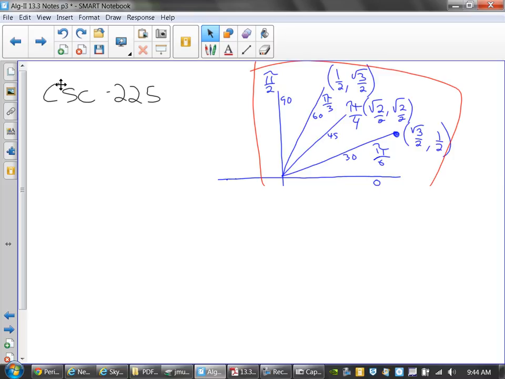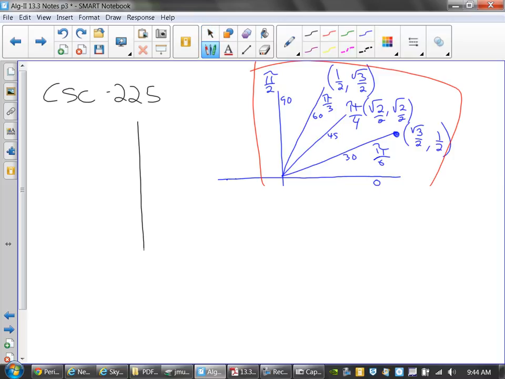Cosecant of negative 225. It's okay. Draw your reference angles. Negative 225. What quadrant will that lie within? 3, 2. We're coming around. This is negative.